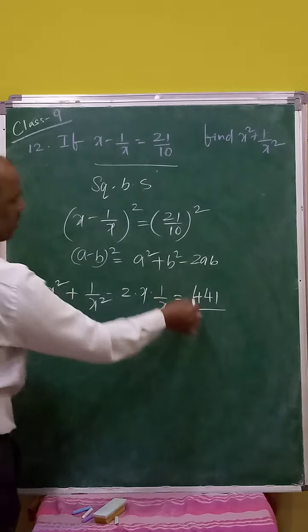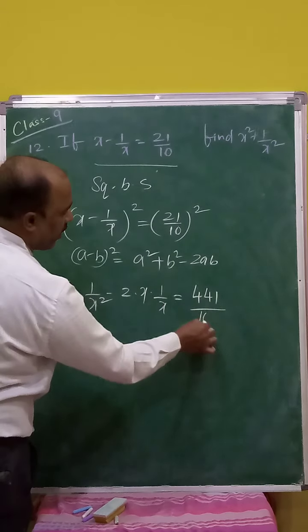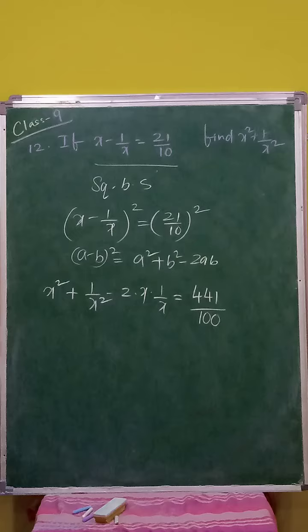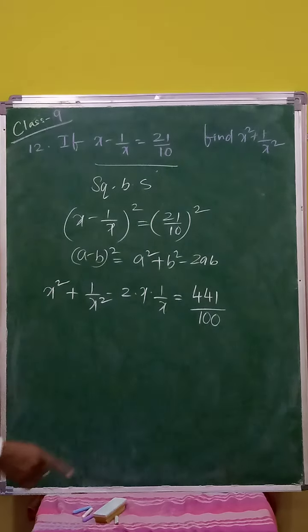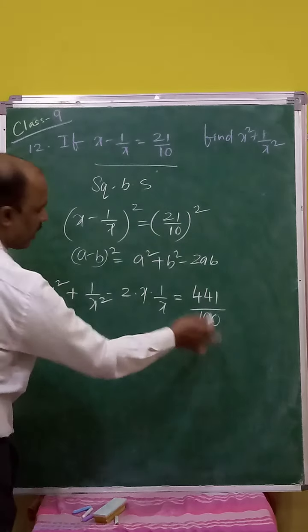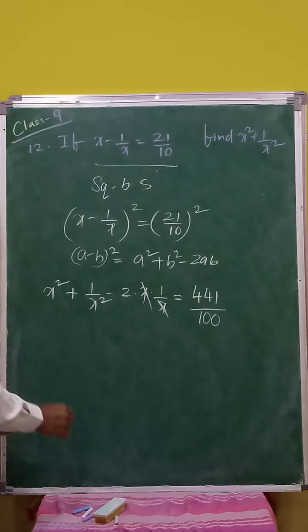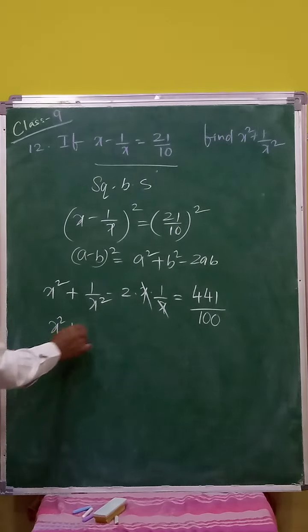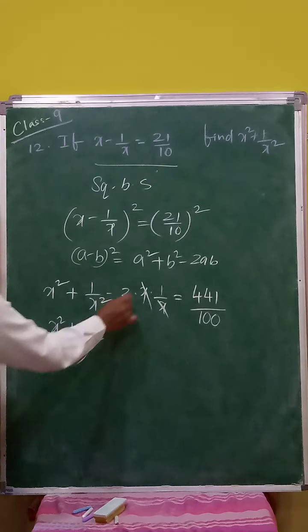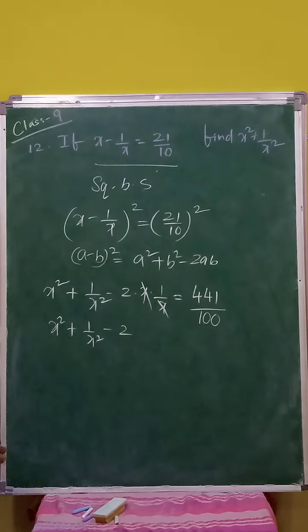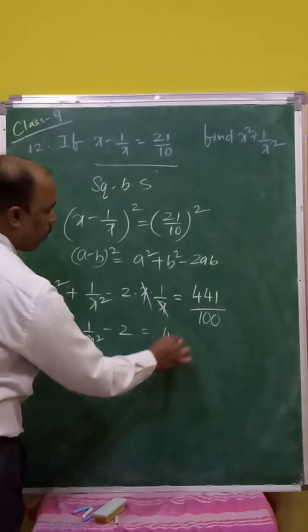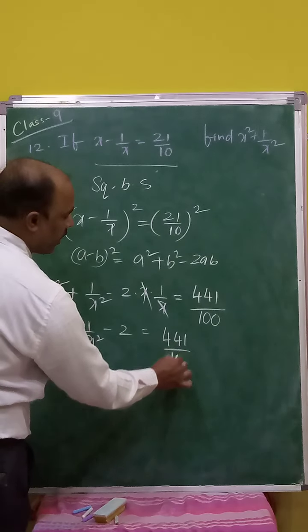Denominator 10 square is 100. Clear? Now this x cancels. What is remaining in x square plus 1 by x square? Just the number minus 2 is equal to 441 by 100.